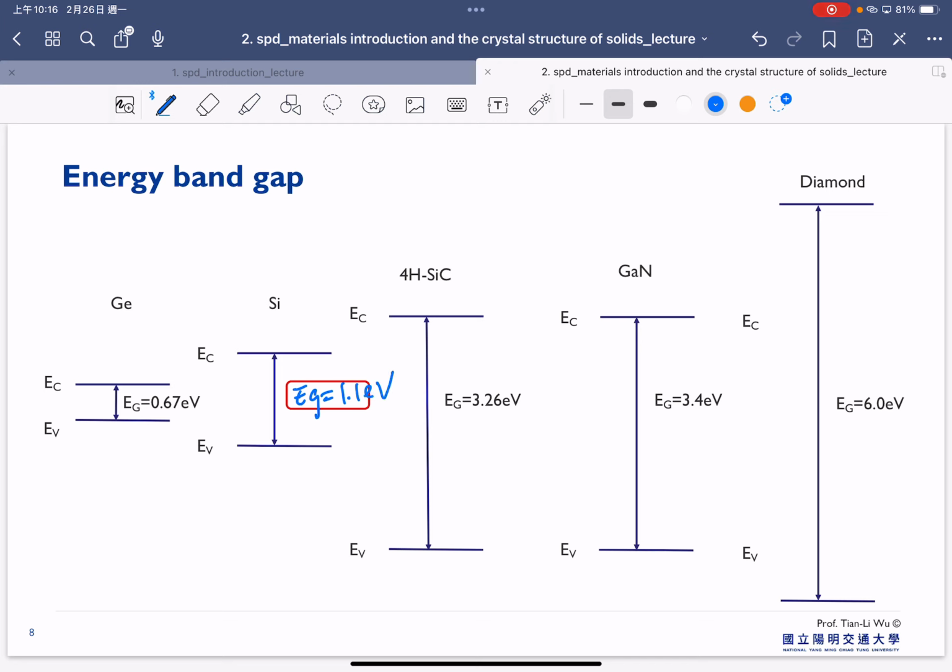And when we try to calculate the band gap, actually we refer to the difference between the top, which is a conduction band, and then the bottom is a valence band.